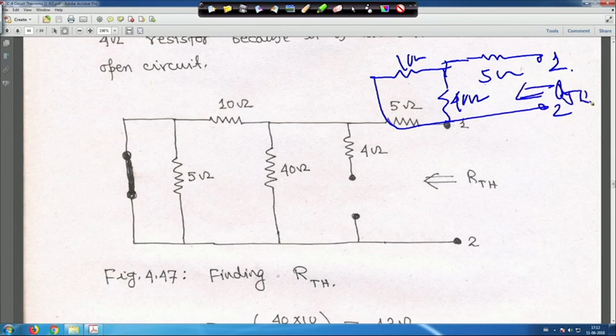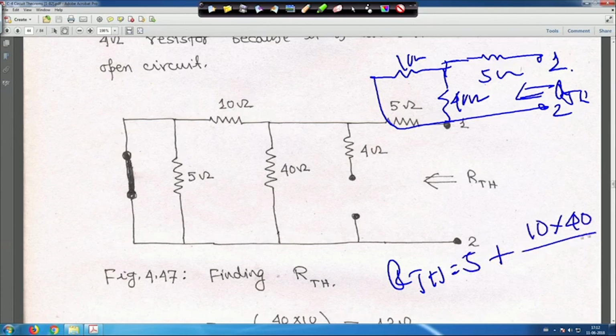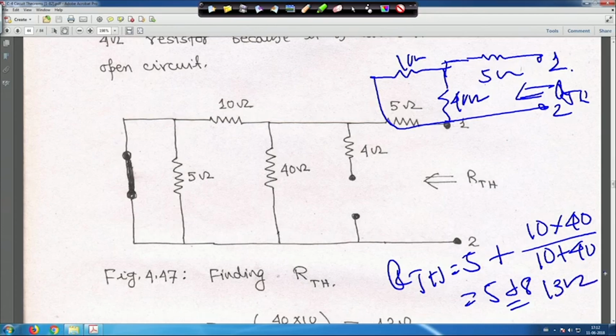That means 40 and 10 are in parallel, and with that the 5 is in series. So, R Thevenin will be equal to 5 plus 10 into 40 divided by 10 plus 40. That means 5 plus 8, because 400 by 50 is 8 ohm, plus 5 is equal to 13 ohm.